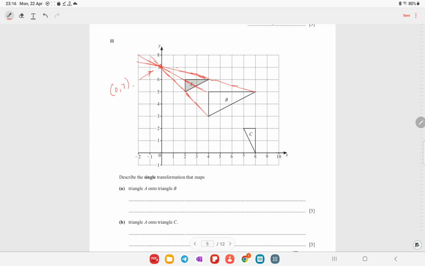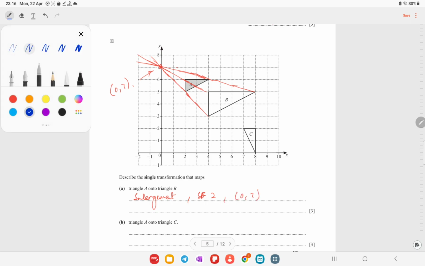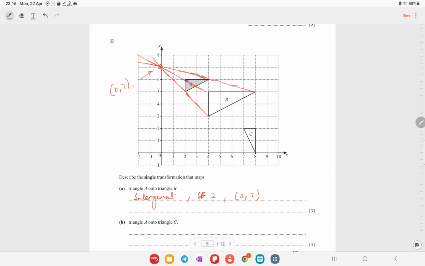So what is happening over here is an enlargement with a scale factor of 2. Why a scale factor of 2? The center of enlargement is (0, 7). If you can see, this is 1 and 2, and now 1, 2, 3, 4.